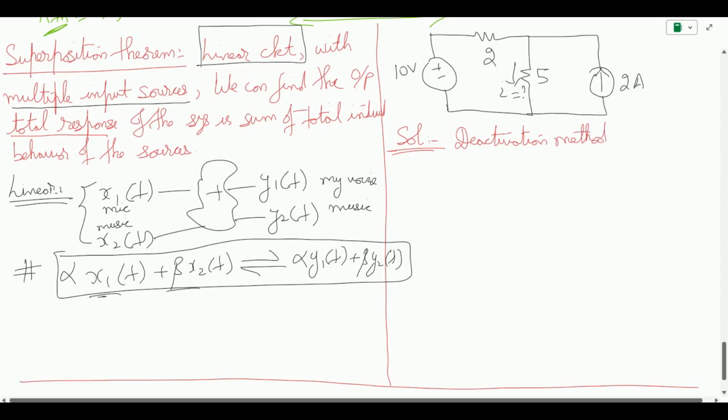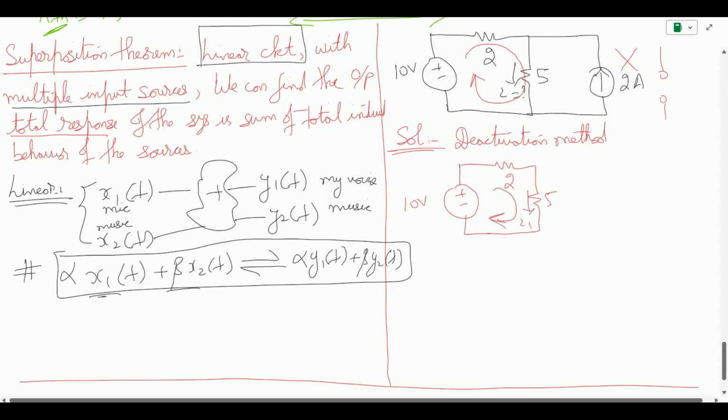In this scenario, I am going to do the analysis on the first circuit and deactivate the current source, which means it will become an open circuit. So my circuit will be a simple voltage source, a 2 ohm resistor connected with a 5 ohm resistor, and nothing else. Now let us find the current. Let me call this I1.